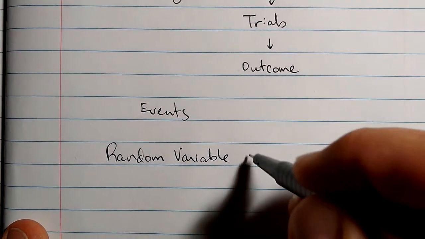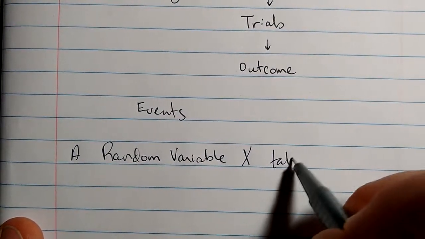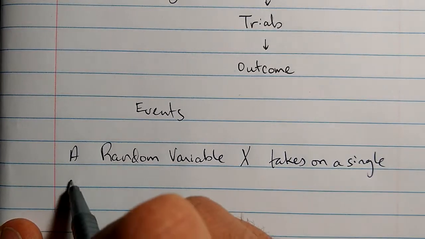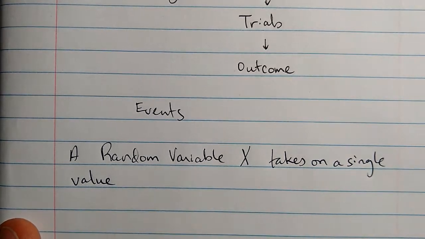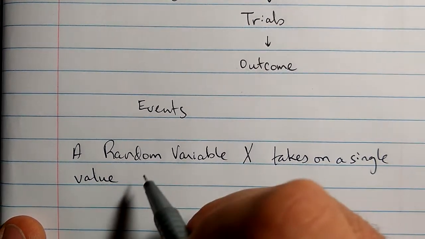So a random variable x takes on a single value for each outcome in the sample space of a probability experiment.